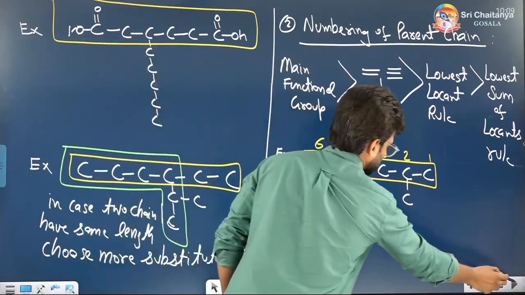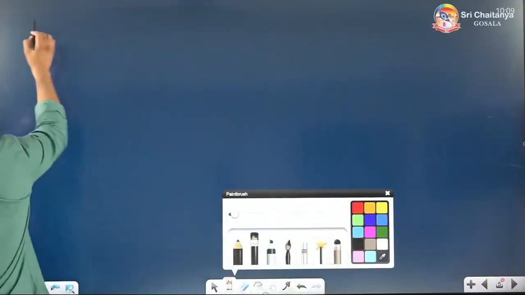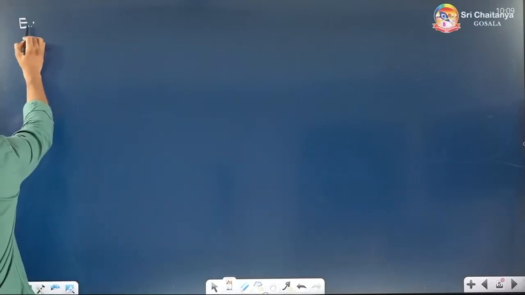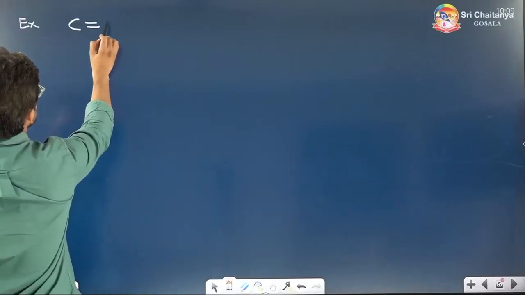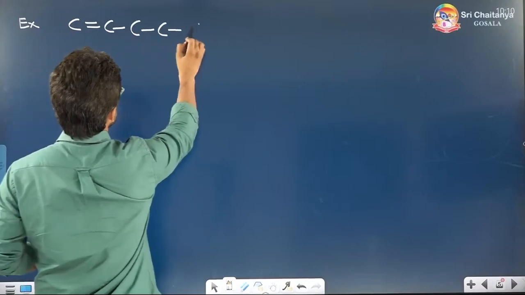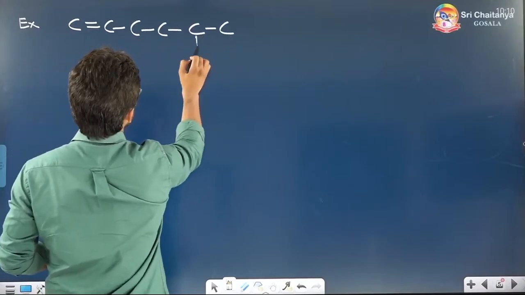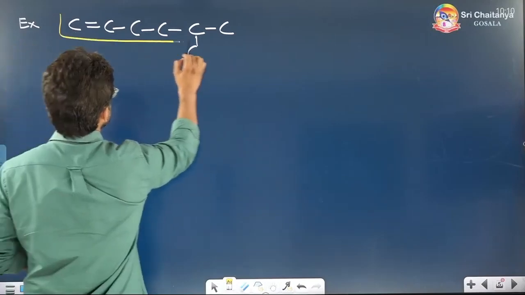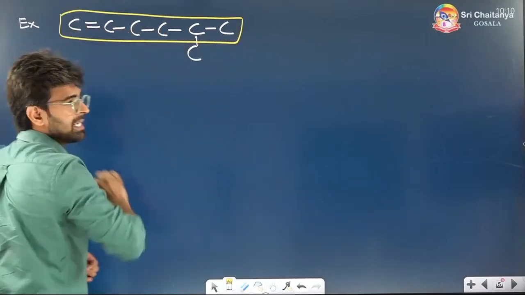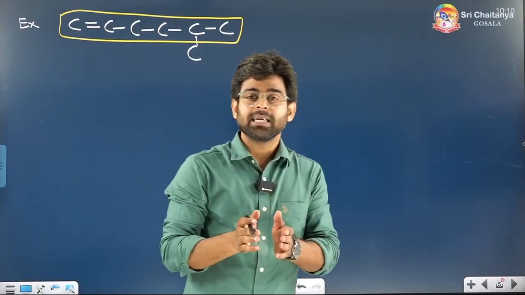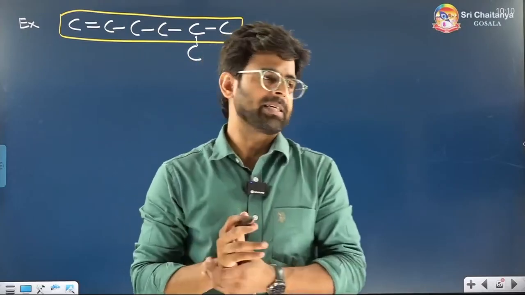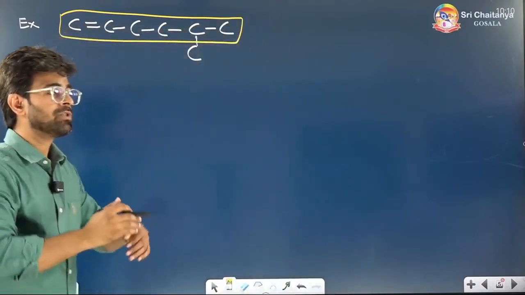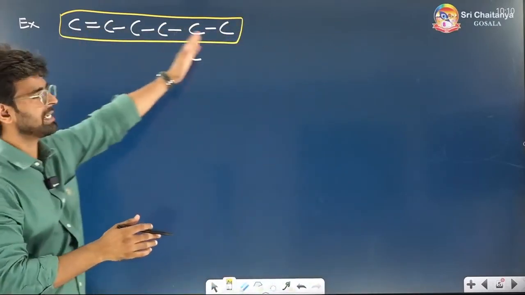Next one. Choose this one. I have here C double bond C. This is our main chain, we know very well. I should do numbering from which end, left side or right side?